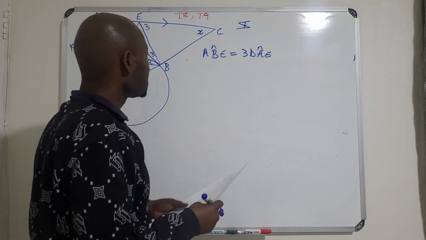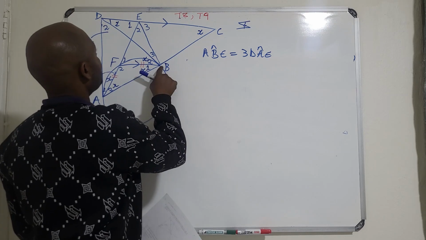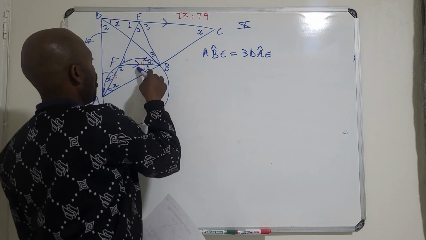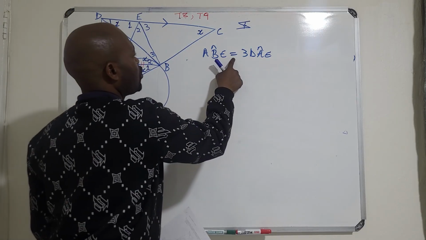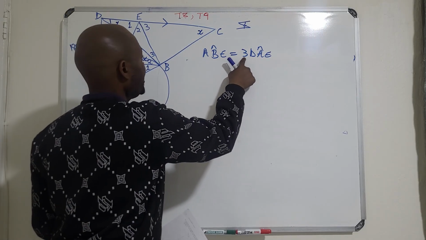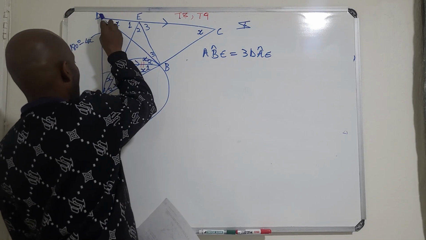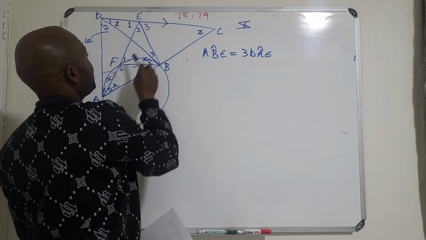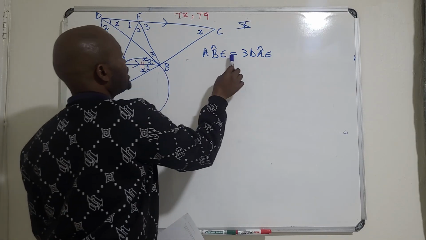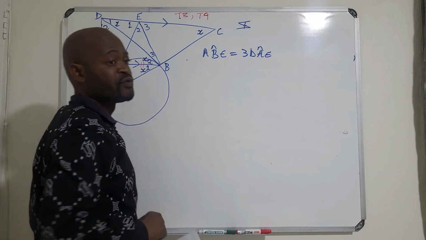Now, for us to prove that angle ABE, the whole of this angle, is equal to 3 times the whole of this angle, which is angle DAE. Therefore, this angle is equal to 3 times this angle. We have to prove that.